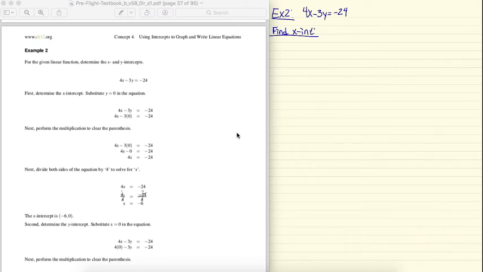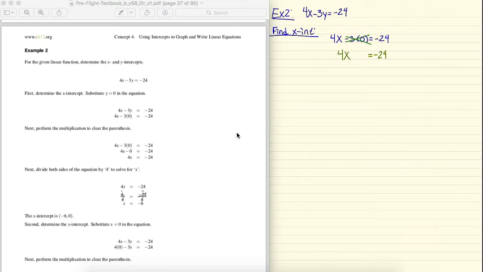To find the x-intercept, the very first step is to plug 0 in for y. So we have 4x minus 3 times 0 equals negative 24. As we have talked about, multiplying this 3 by 0 is going to cancel that whole term out, so we're really just left with 4x equals negative 24.